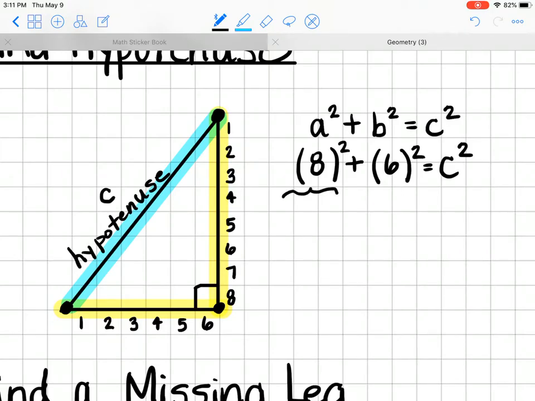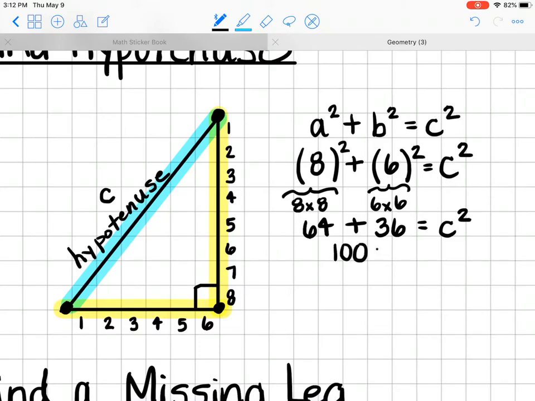And this is 8 times 8, which is 64. And this is 6 times 6, which is 36. And you add those together to get c squared. So 64 plus 36 is 100.